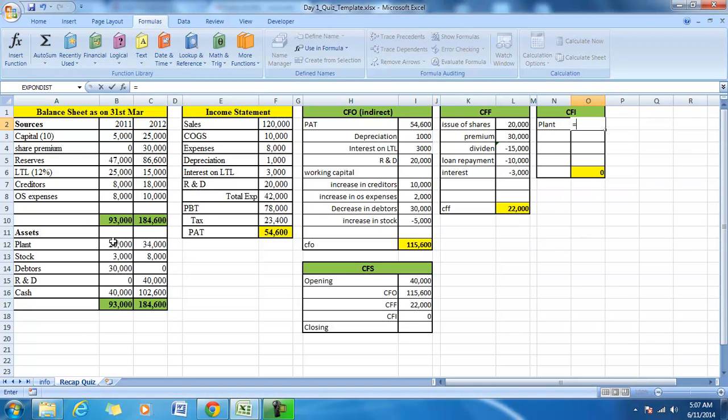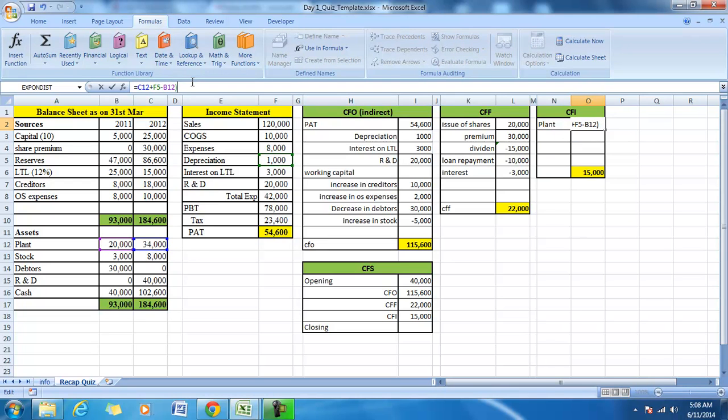We can see the plant is 34,000, then plus depreciation minus the opening will give us that plant has been acquired to the extent of 15,000.